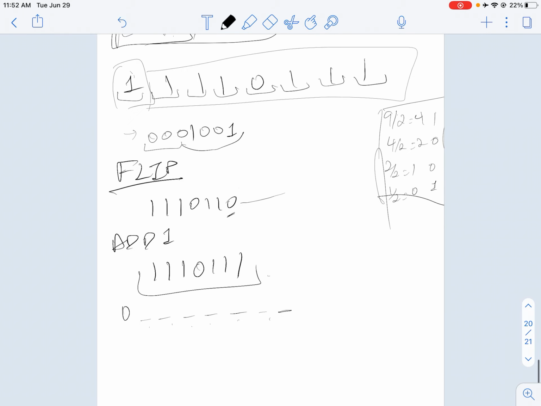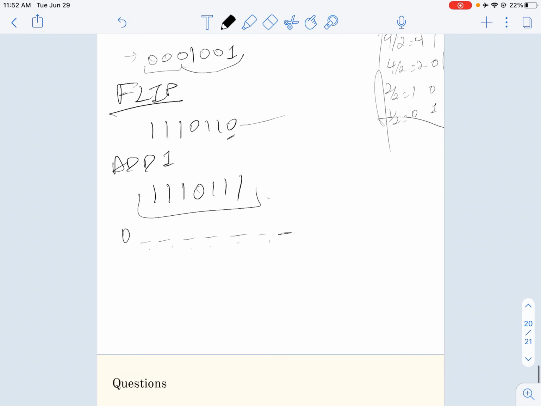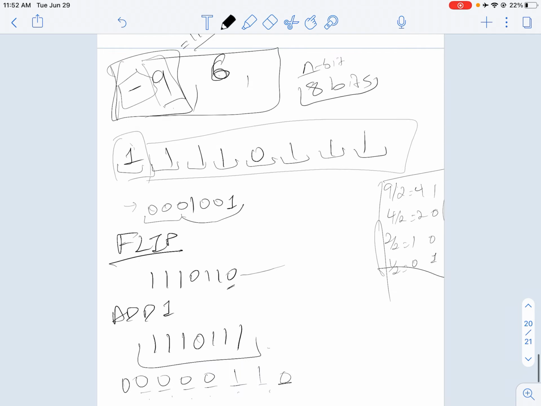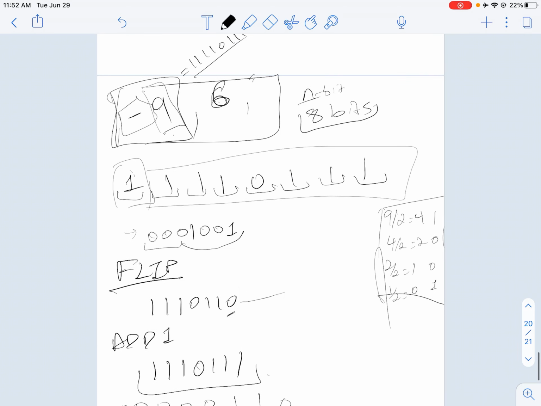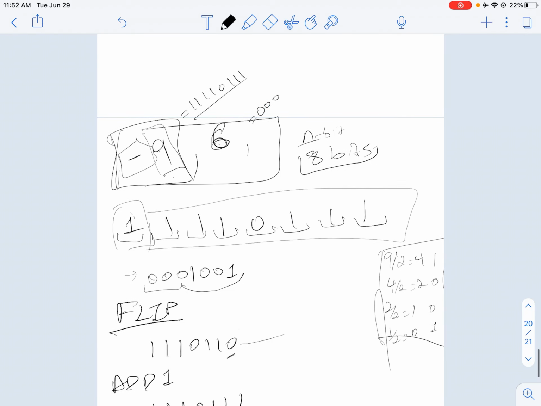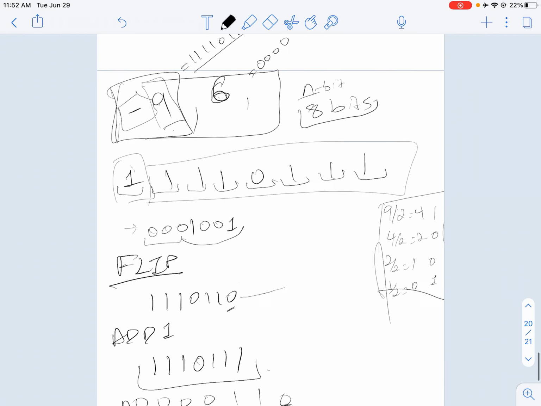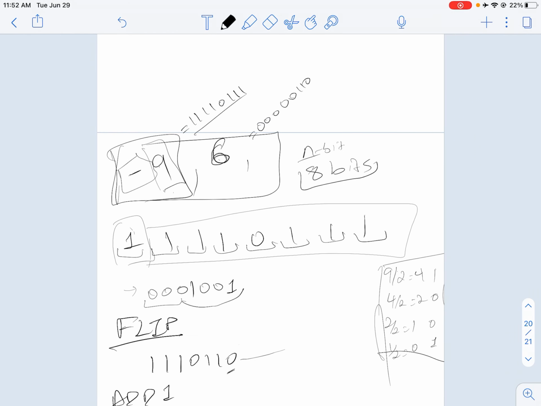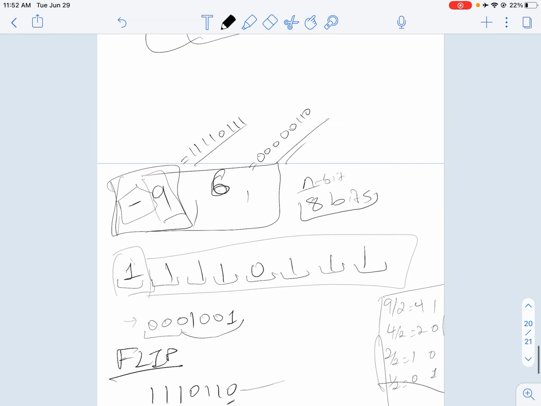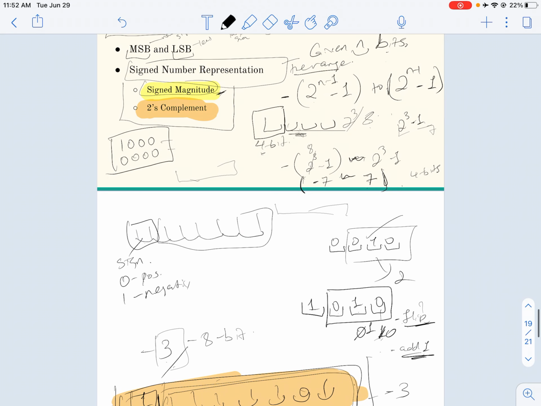With positive numbers it's just easy: I just write 6 in binary. How is 6 written in binary? A 4, a 2, and no 1, so 6 in binary representation is 1 1 0. So this is the 2's complement.